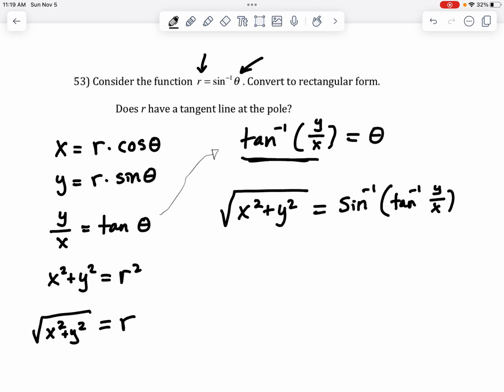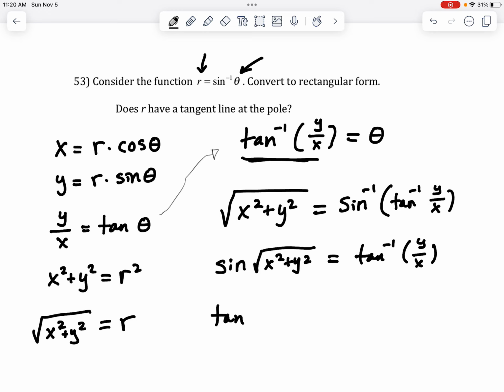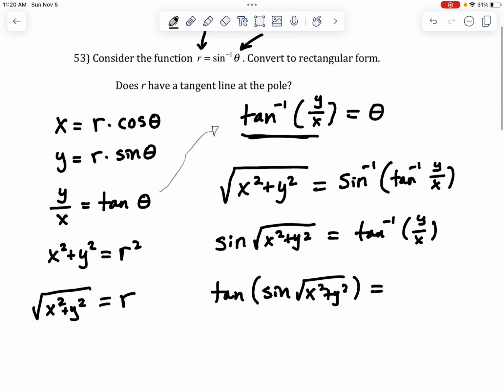And then personally, I would like to simplify it and not have inverse functions. So I would take sine of both sides. So it's the sine of the square root of x squared plus y squared. And then I could take tangent of both sides. So now it's going to say tangent of sine of the square root of x squared plus y squared, and then that would equal y over x.